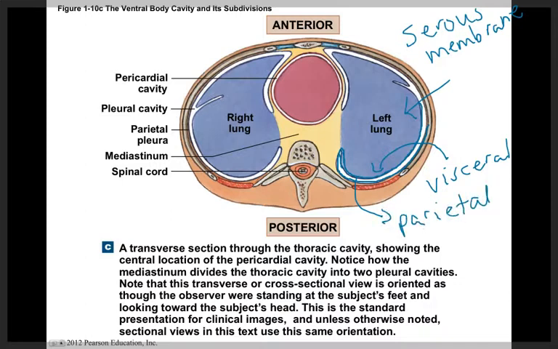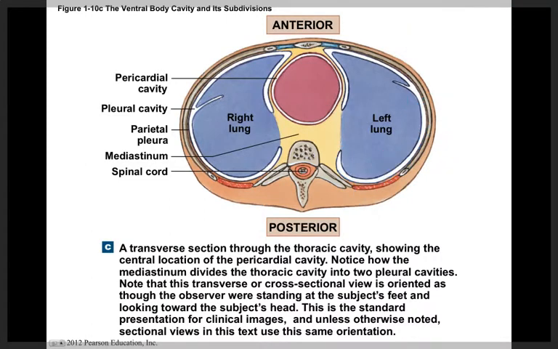When we're talking about the lung, we call that serous membrane the pleura. So we can discuss the visceral pleura, and by that we mean this innermost lining, or we could talk about the parietal pleura, in which case we mean it's the outermost lining of this serous membrane. So there is this membrane surrounding the lung, and that is called the pleura.